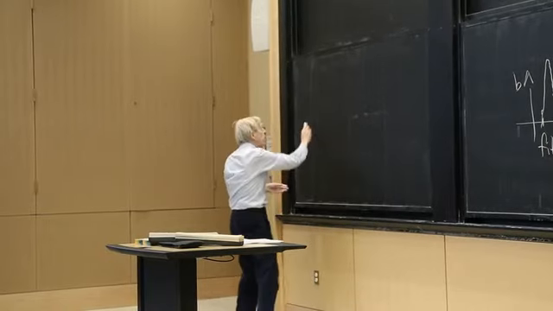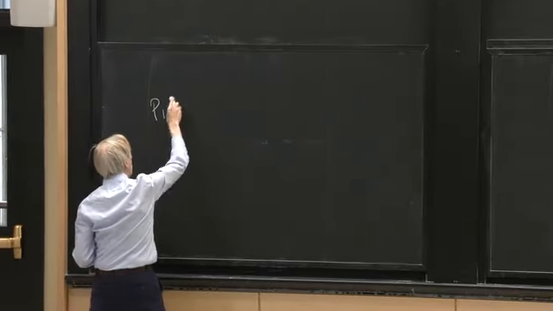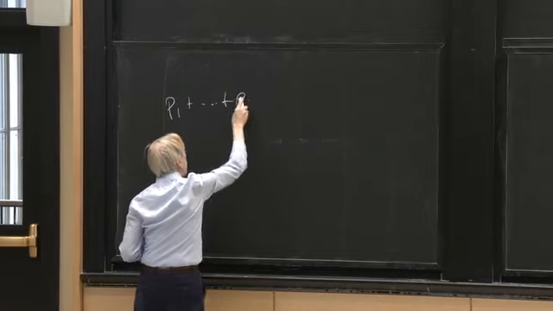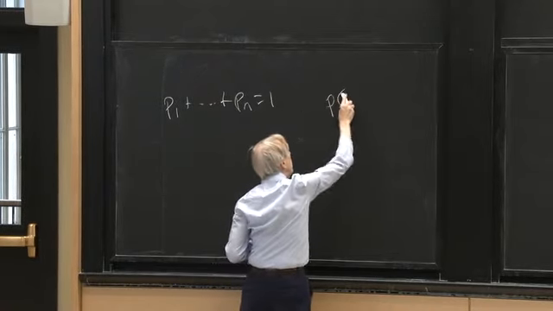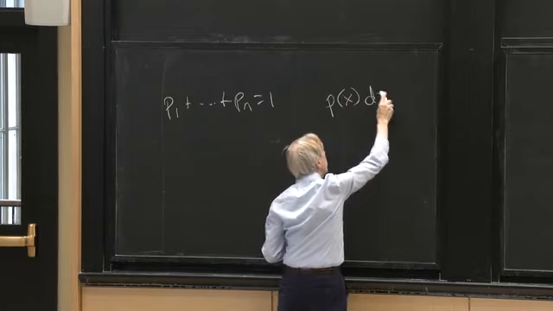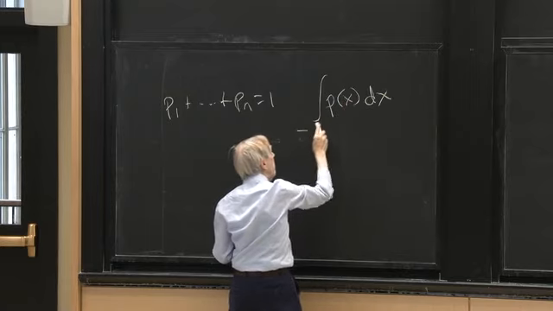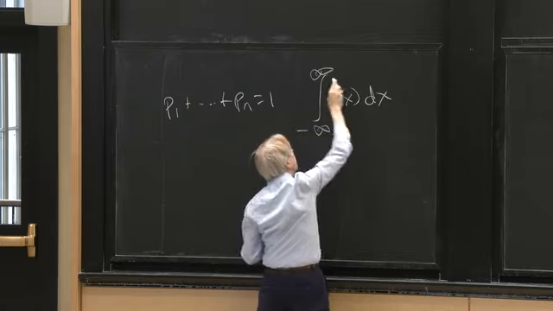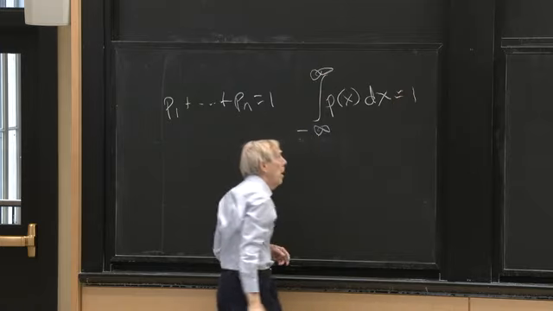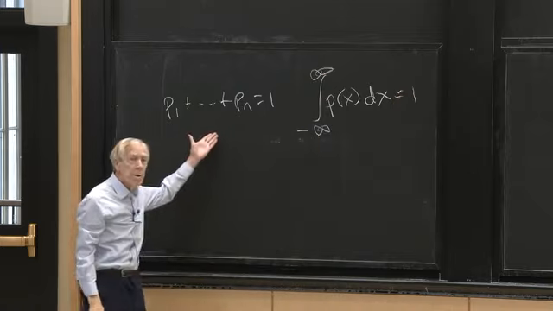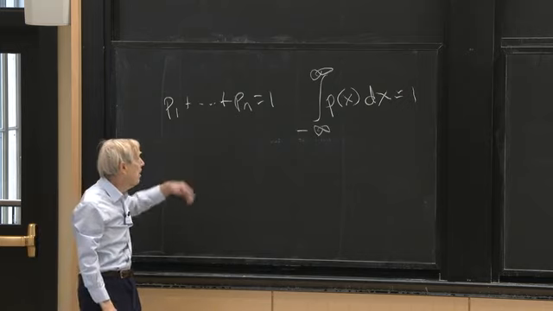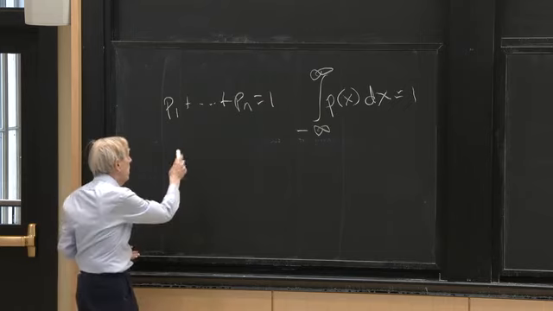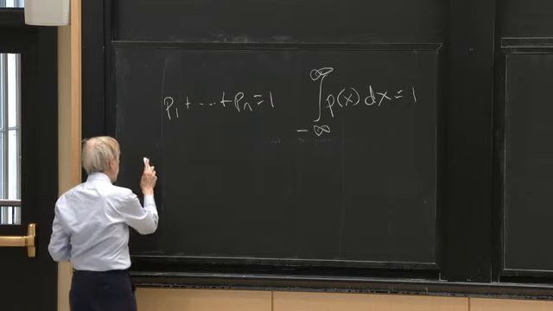Okay, can I just talk about this? So I either have probabilities P1 up to Pn adding to 1, or I have a continuous distribution of probabilities, maybe from all x's from minus infinity to infinity, again giving 1. Let me work with the discrete example. That's where people naturally start. So what is the mean?